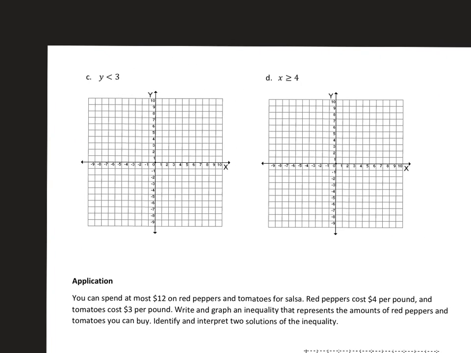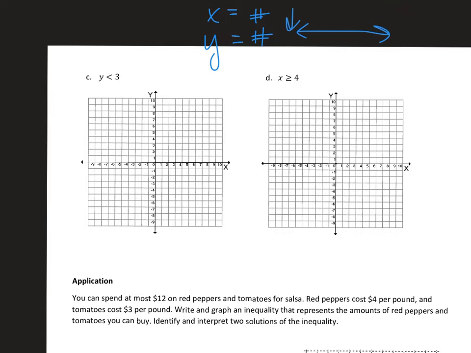Okay, so C and D are special instances because these are horizontal and vertical lines. If you remember, y equals a number is a horizontal line, and x equals a number is a vertical line.